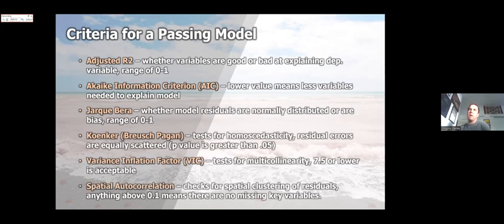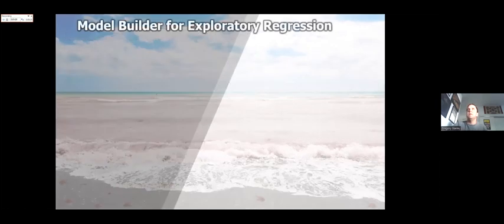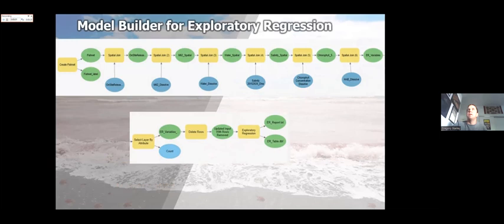And finally, spatial autocorrelation checks for spatial clustering of the residuals. Anything above 0.1 means that you aren't missing any key variables in your models, that you don't need to add or modify any of the independent variables. And here's a quick model builder that I used to run the exploratory regression.